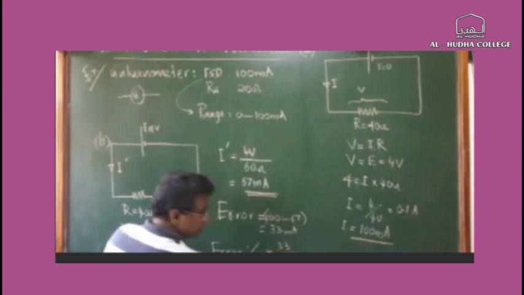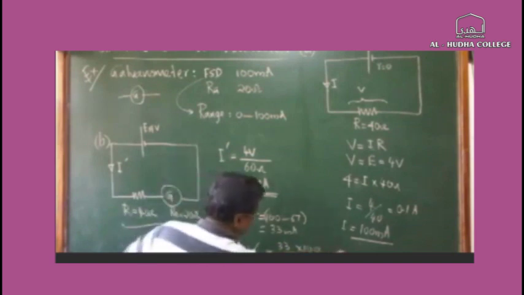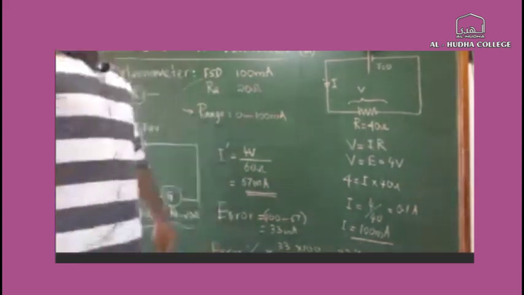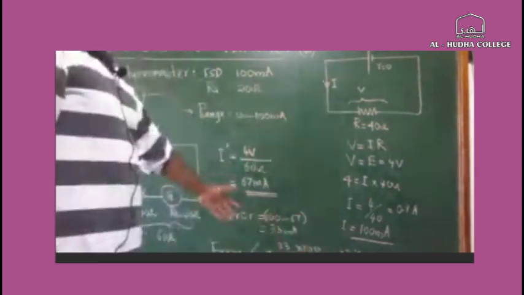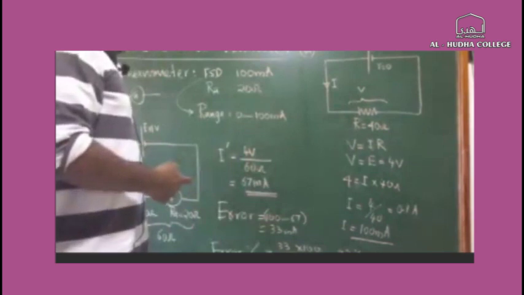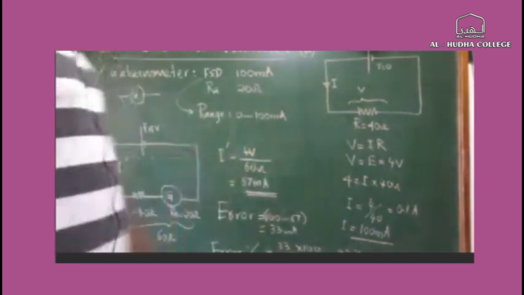For 100 milliamps, we got an error of 33 milliamps. Therefore, for 100, that is 33%. So 33% is a very huge error, right? Now we will see how we can at least reduce this error in our measurement.